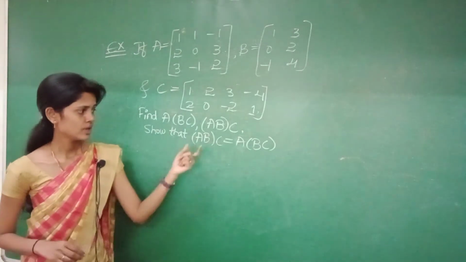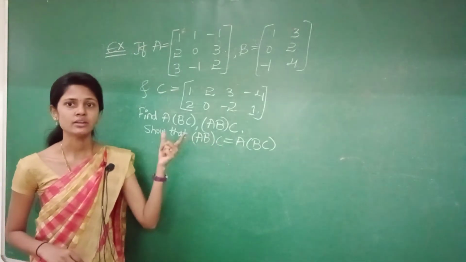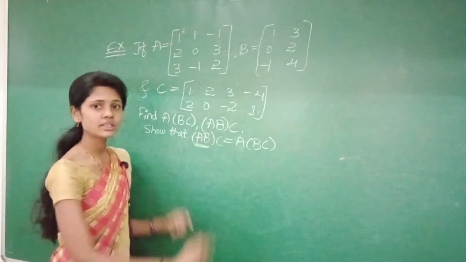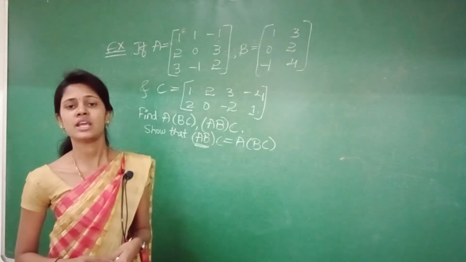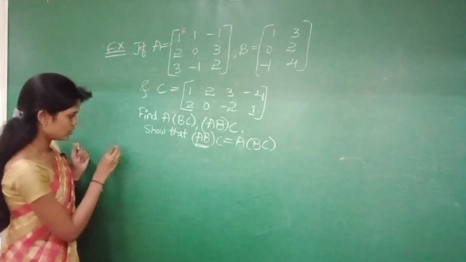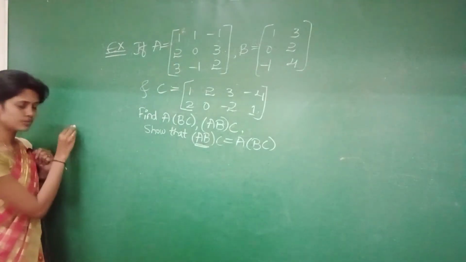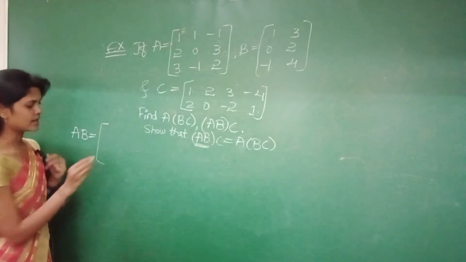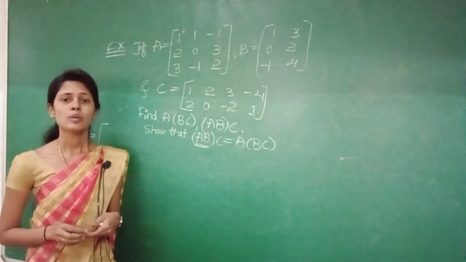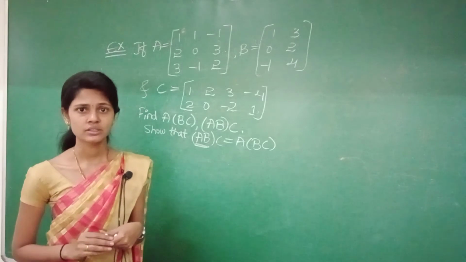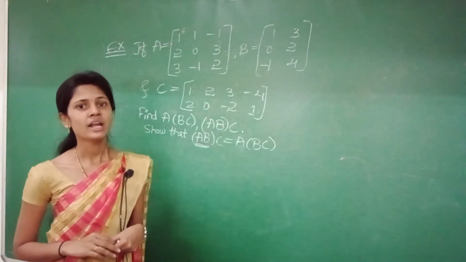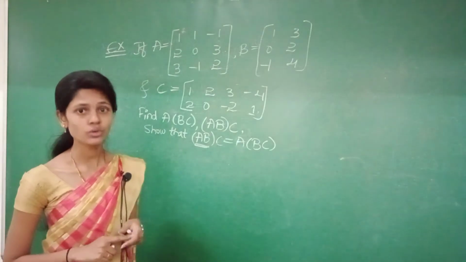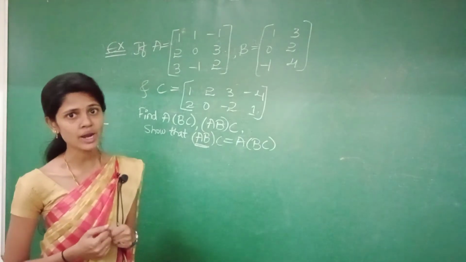So you have to find all these first, and then show that AB into C is equal to A into BC. Firstly, AB into C is there. Then what to find first? AB, that is the product of the two matrices A and B. So take first AB, write down. For the multiplication of two matrices, what is the condition? You must look at the number of columns being equal to the number of rows for the two matrices.